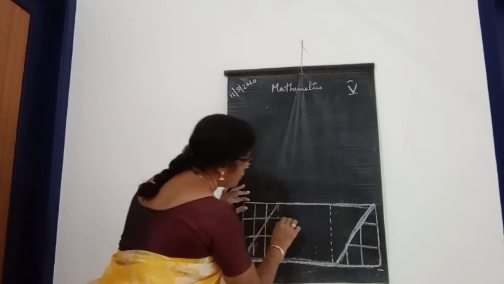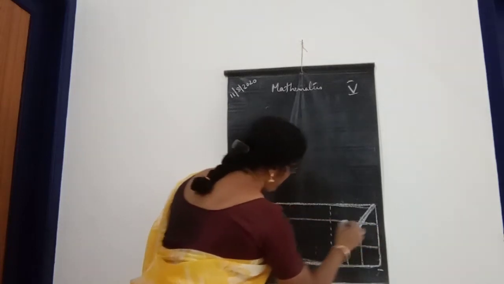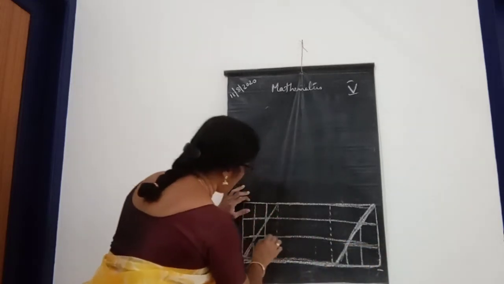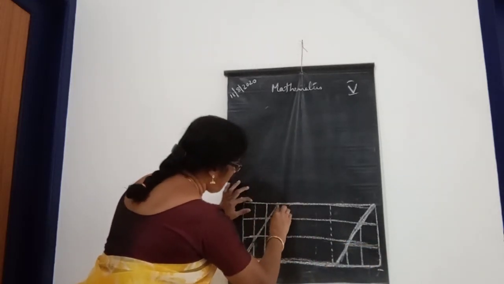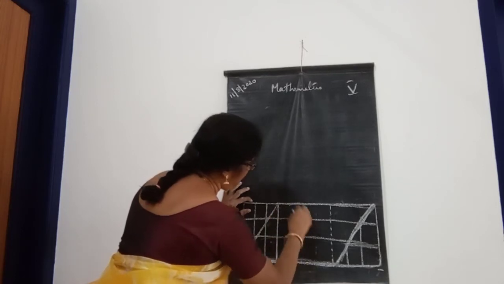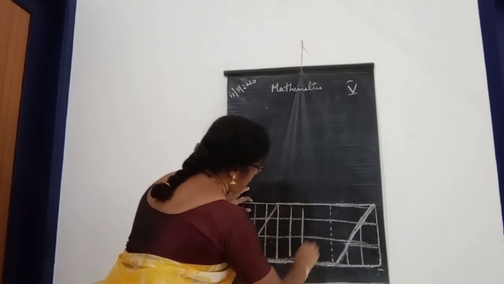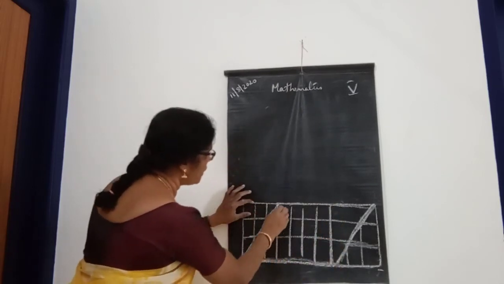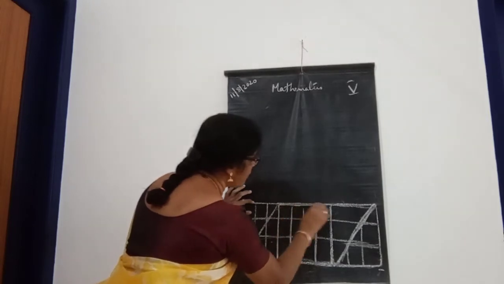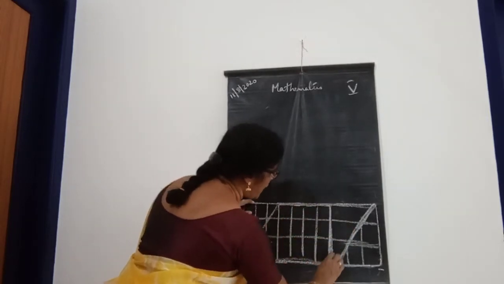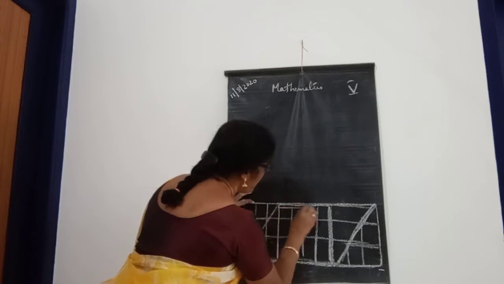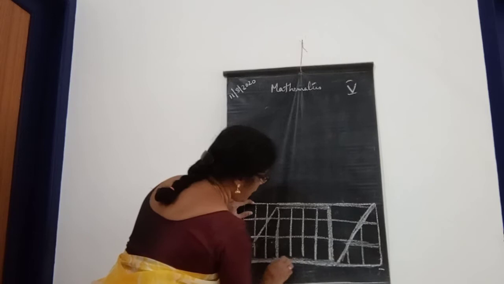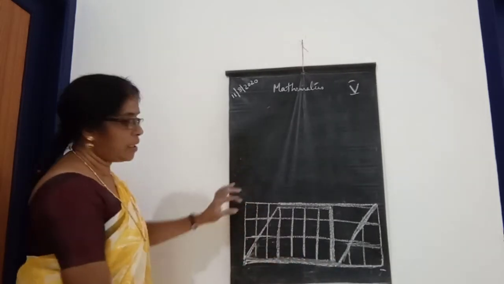You can join the lines. Before that, you can find the area of this figure. First, you can make a rectangle of this. Yes, one minute.